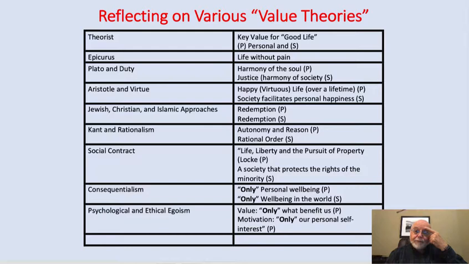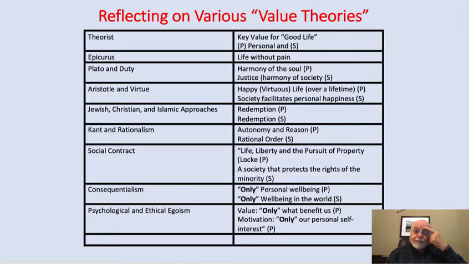Justice, on the other hand, was the harmony of the state in the same way as the soul finds harmony, that the state is ruled by reason, led by philosopher kings and queens, and those rules are enforced by the guardians and the people, the third level, the three parts of the soul reflected in society.